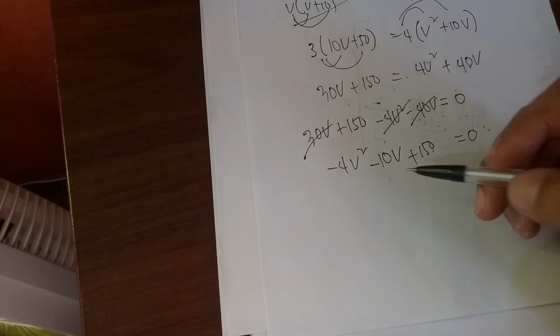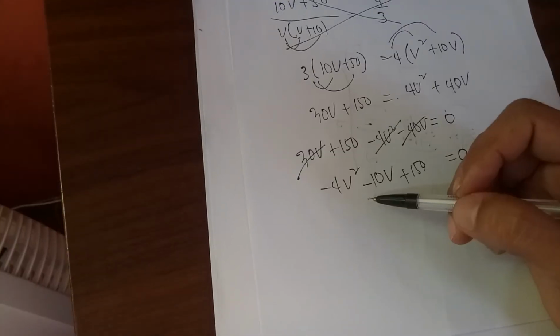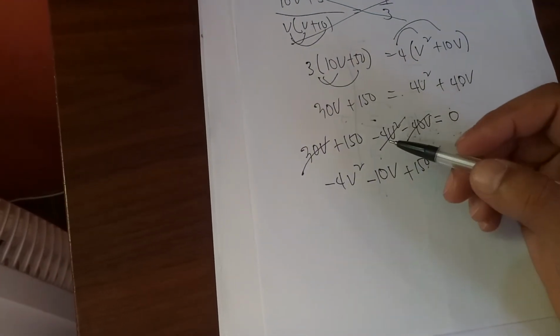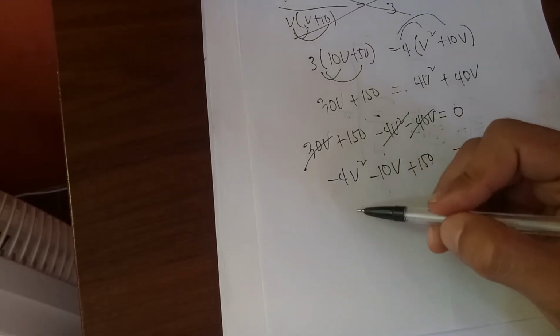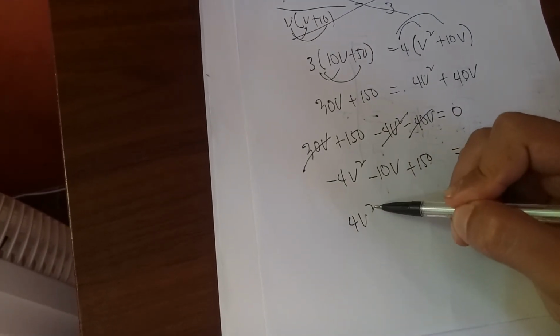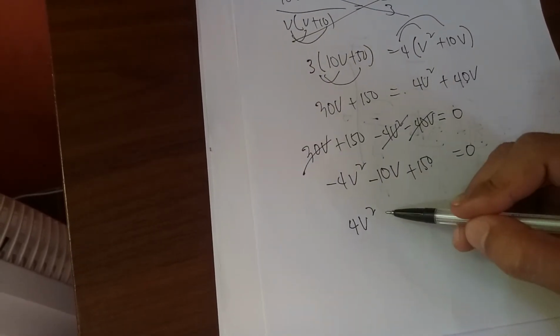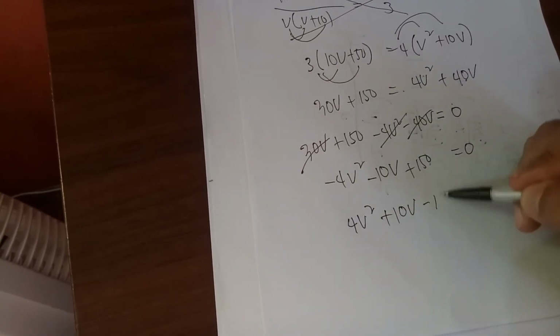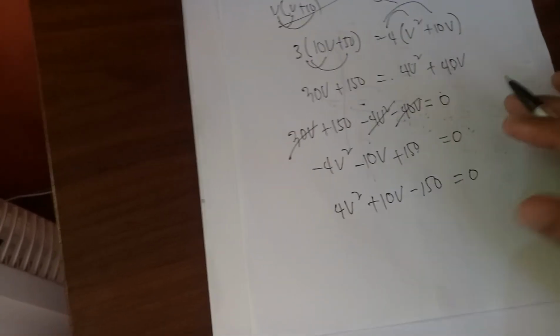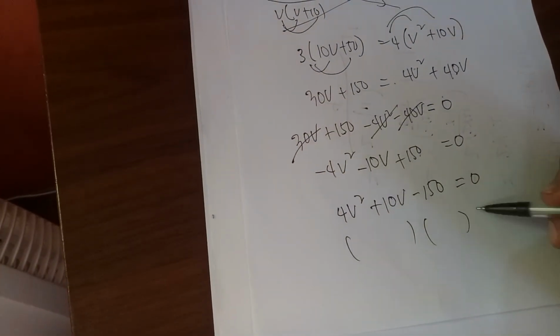So, in mathematics, it is good if the first term starts with positive. So, change this to positive, this will become 4v squared. If we change this as positive, change also the sign of the remaining terms. This will become positive 10v and negative 150 is equal to 0. So, this is now factorable.